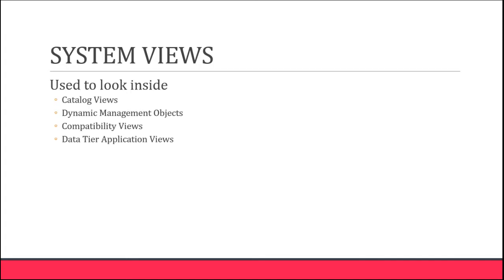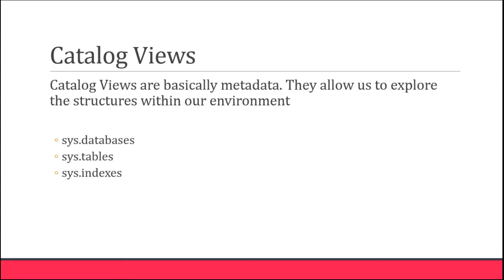We talked mostly about the first 2, and we defined catalog views and gave examples, and we told ourselves that they are used to view metadata, data about the database. We have basic structures of these catalog views: sys.databases, sys.indexes, sys.tables, sys.availability_groups, and so on and so forth.